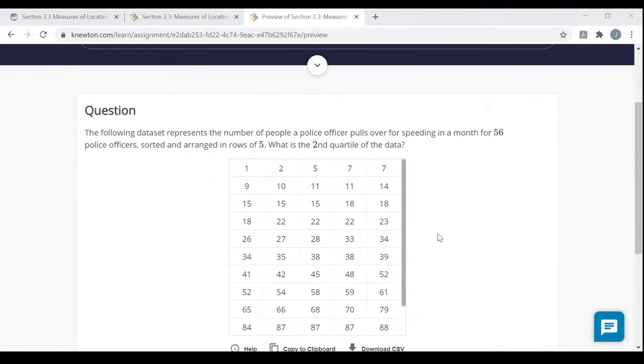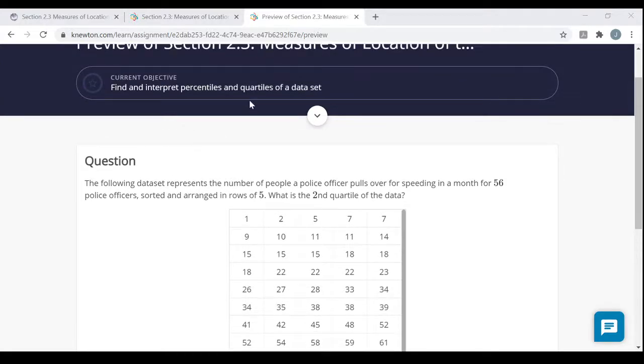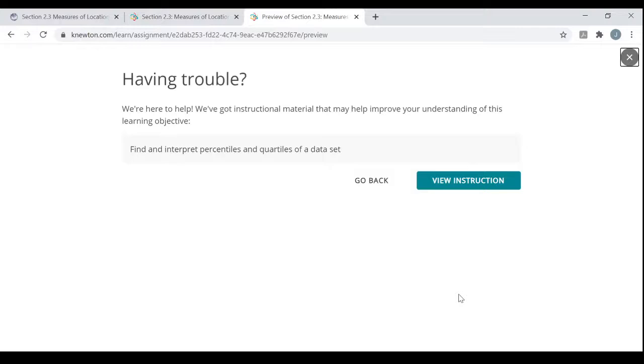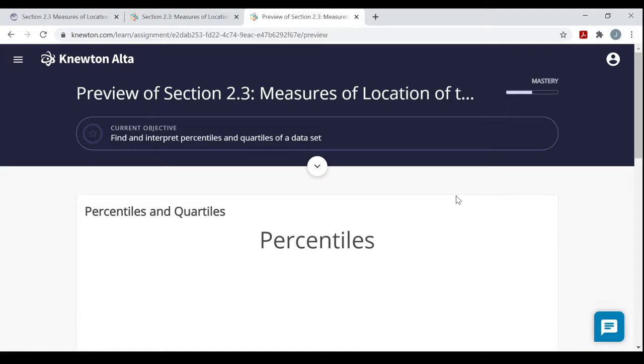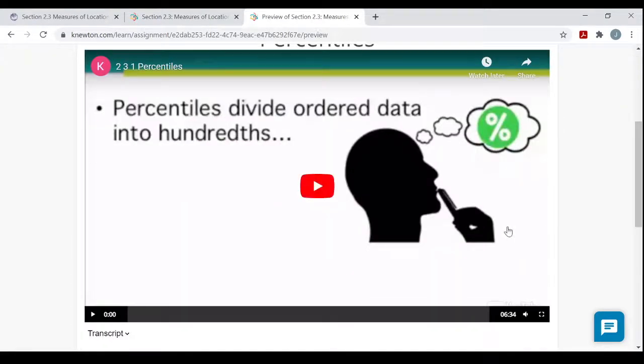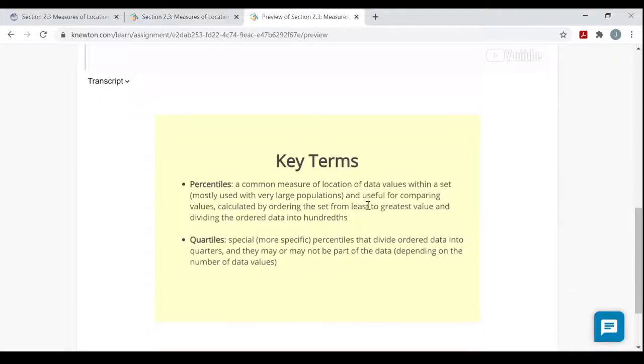All right, so here is the following data set. This is more instruction to show you the formula and all that. It's a new objective, so I'll go to more instruction. It explains, I think there's a video here on percentiles. I'm not going to watch that; you can watch that.